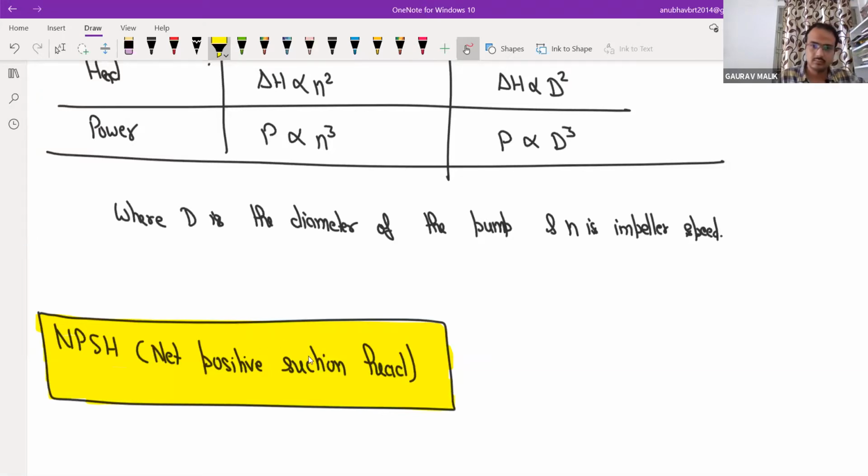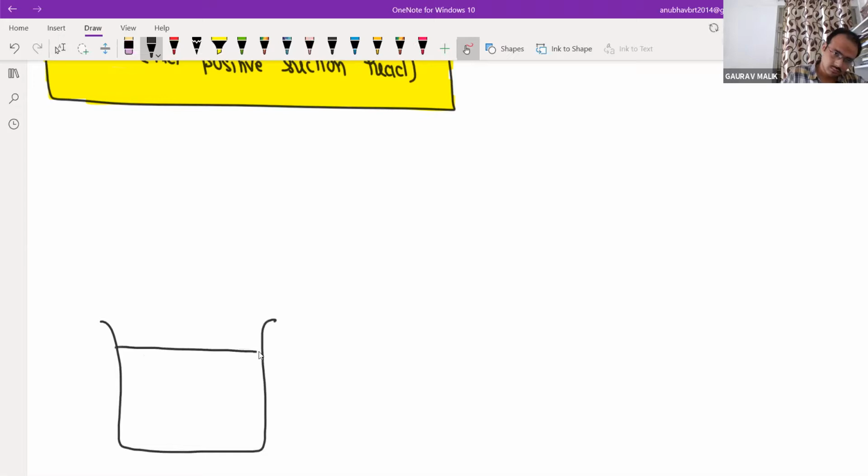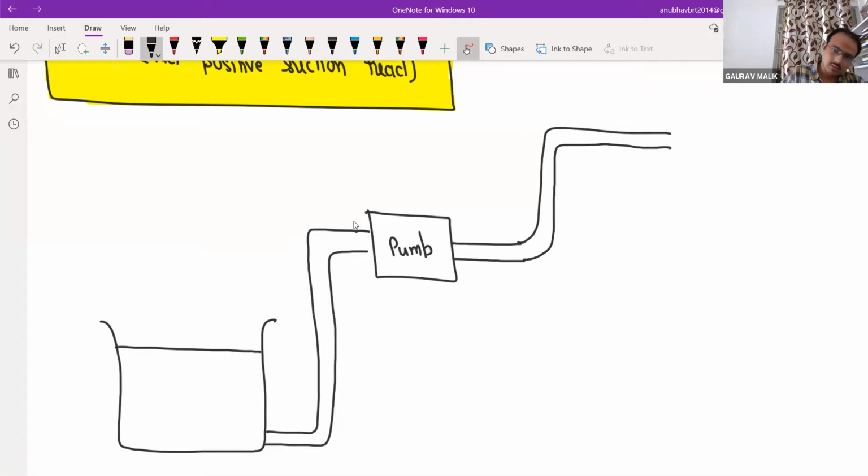Let's draw this diagram. This is A, this is B. This is reservoir.